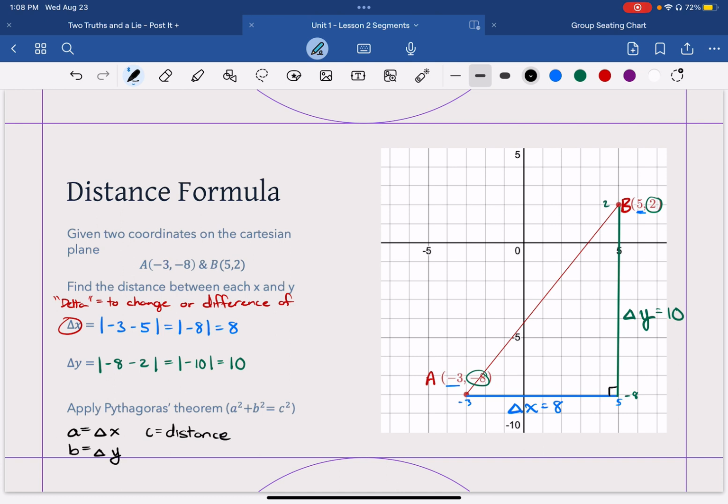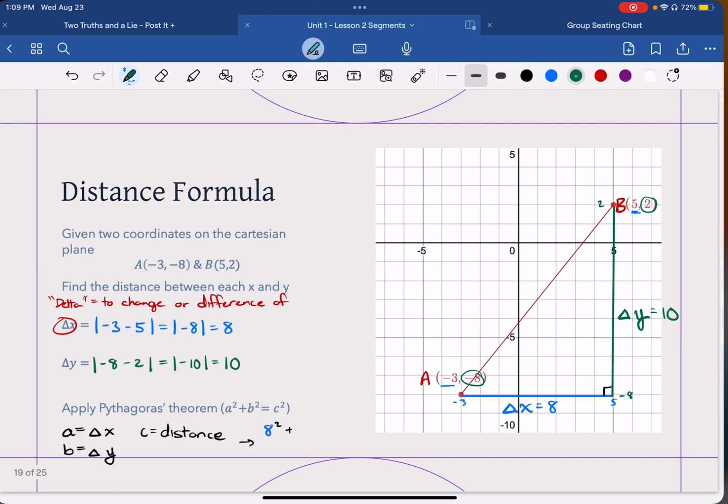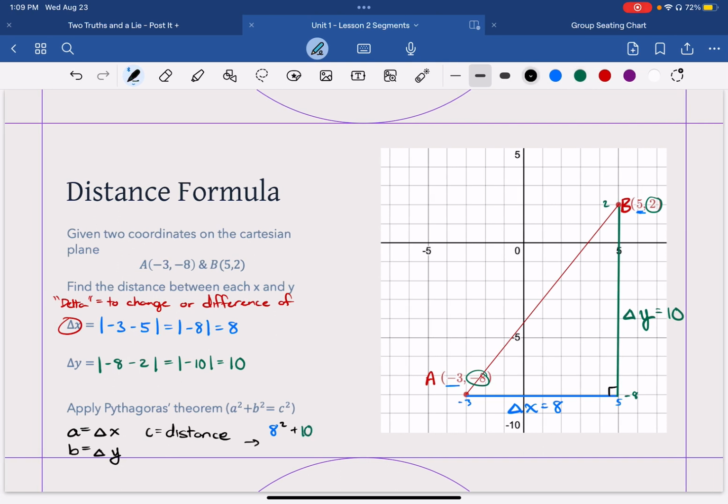And so let's apply all this into the Pythagorean theorem. So therefore, if a is our change of x, we're going to say we have 8 squared plus 10 squared equaling, let's say our distance squared, d squared. Now let's work this all out. We end up with 64 plus 100 equaling d squared.